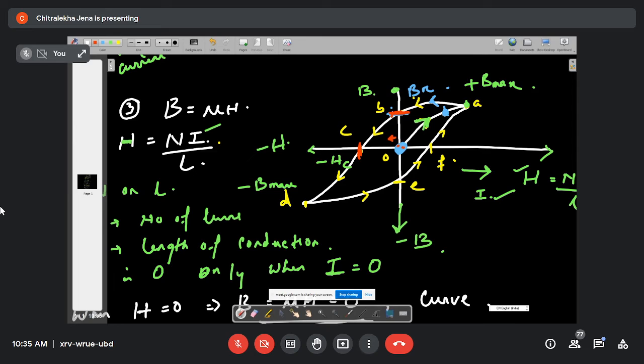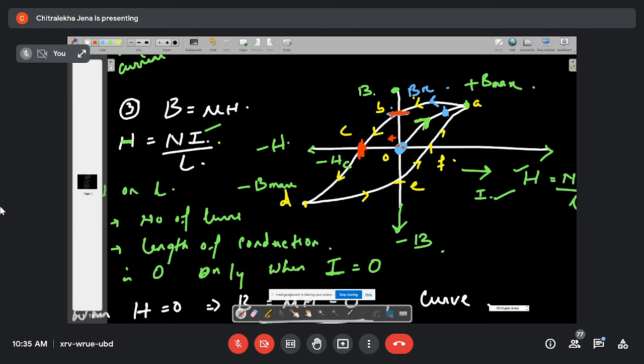Now at this point, what is my B? Is there any value of B here? No. So I have completely wiped out the residual flux density by applying a current in the reverse direction.